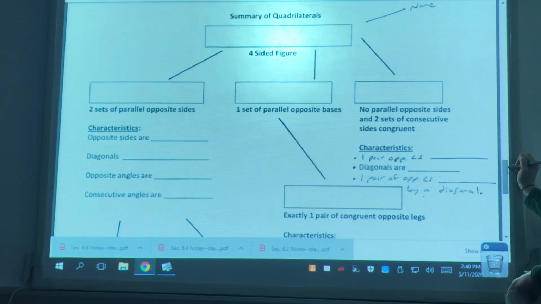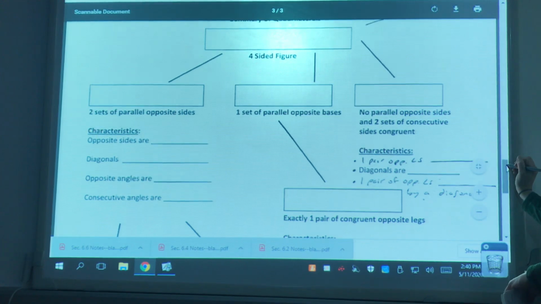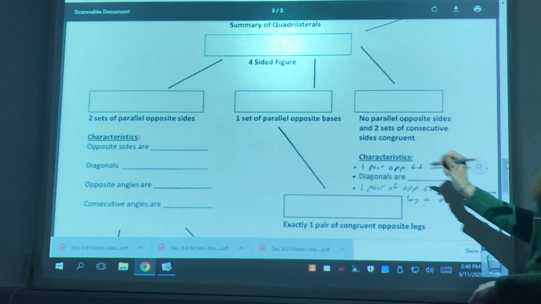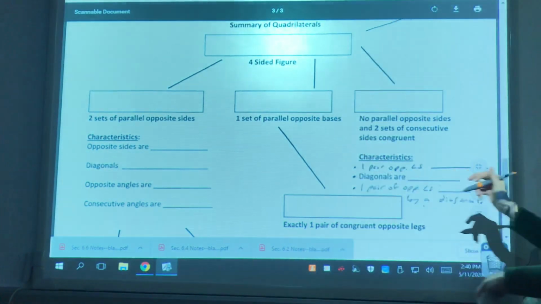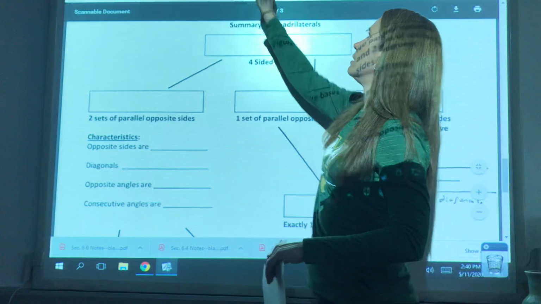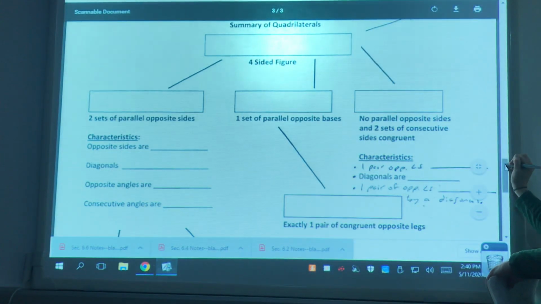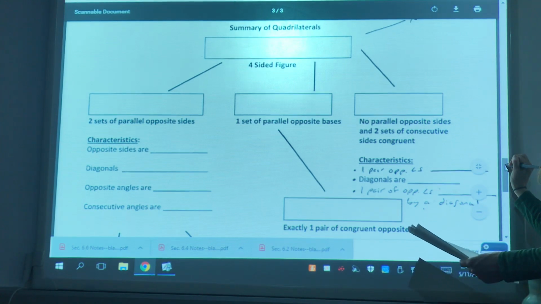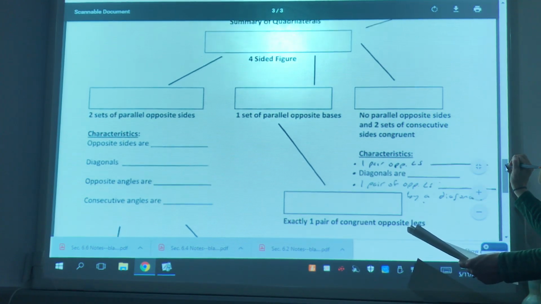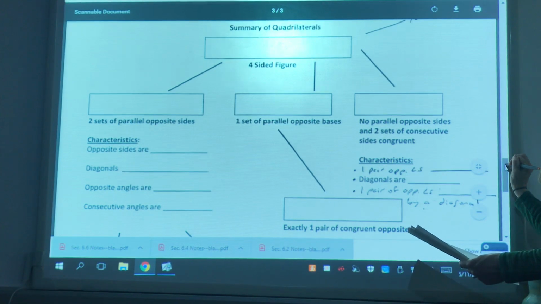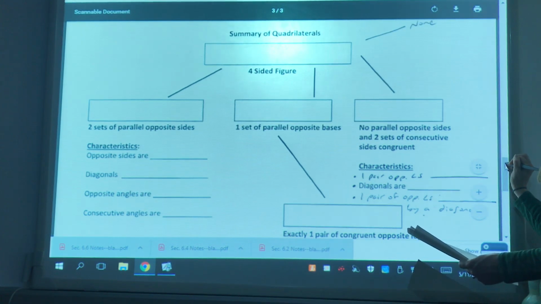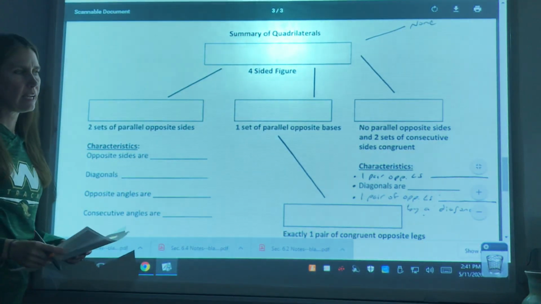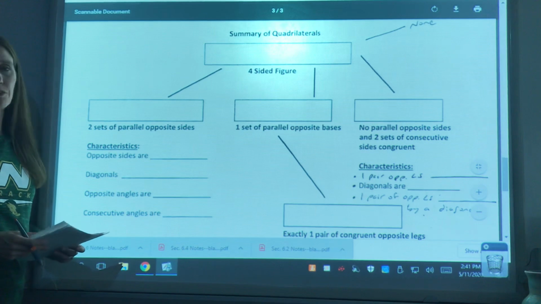But this is another summary page that might be helpful to you, that also includes the information about the things that are the trapezoids and the kites that are not parallelograms. The last one just had parallelograms on it.